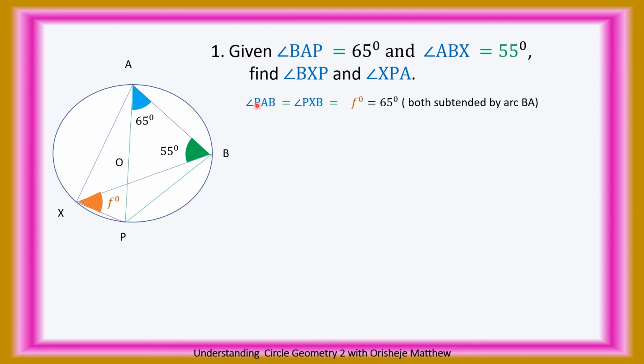Now angle PAB, if you look at it, is subtended by this chord called PB. Take this line and it comes here, then take another line and it comes here. So you see their angles are subtended by the chord, the arc.